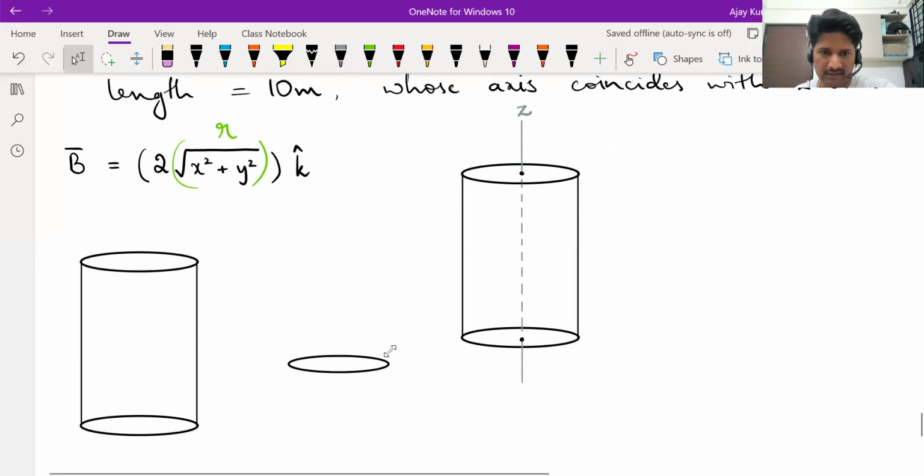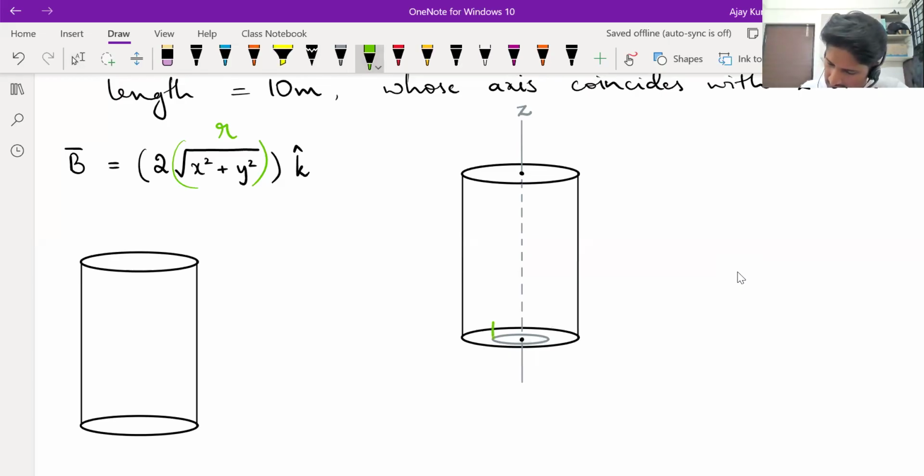At a fixed distance from the axis, you will have a fixed amount of magnetic field. So I'm considering an imaginary ring of a certain radius around this axis. At that distance, depending on the distance, you will have a certain amount of magnetic field present. And the field is in the z direction, means it's parallel to the axis of the cylinder.